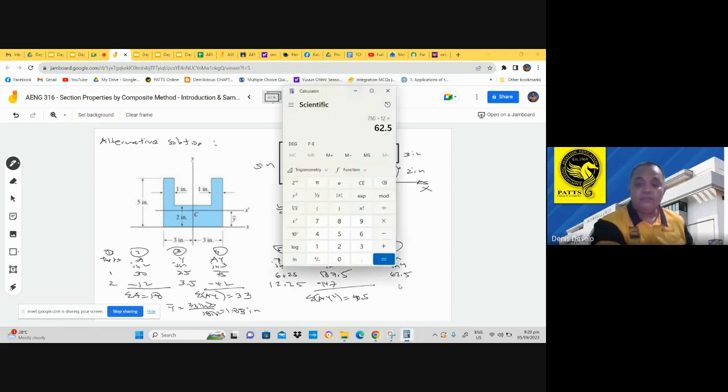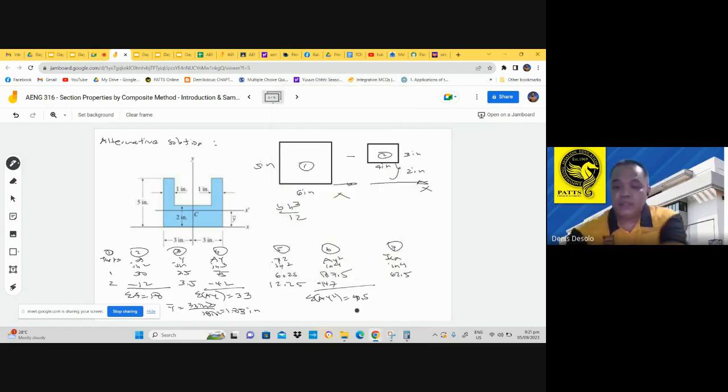So we have 4 times 3 cubed over 12, that is 9. Since we're going to remove the part, it should be negative 9.